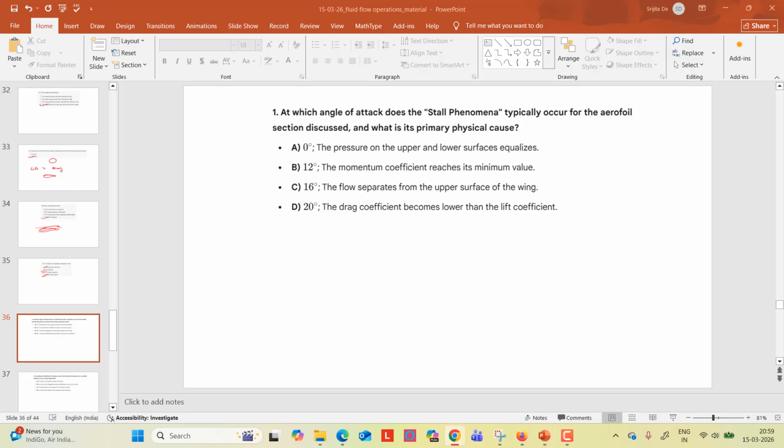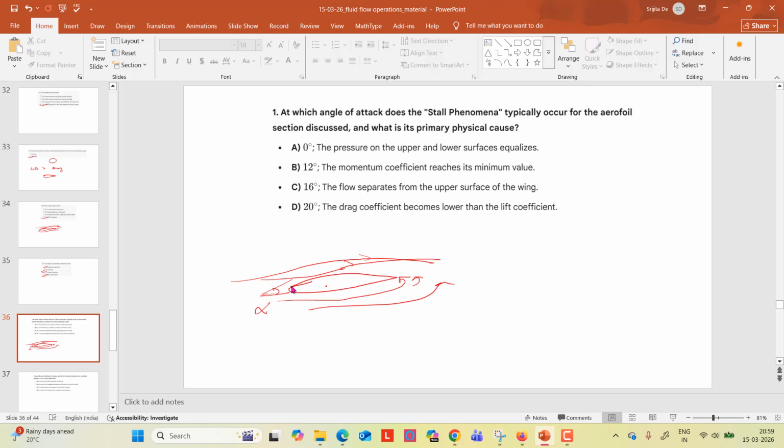So the stall phenomena occurs when, in the case of aerofoil, if the aerofoil angle alpha reaches very high, the flow will separate from this point. Flow will separate from this point. Okay. And it will create a chaotic motion at the bottom.